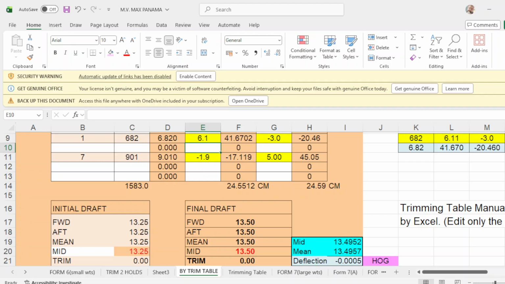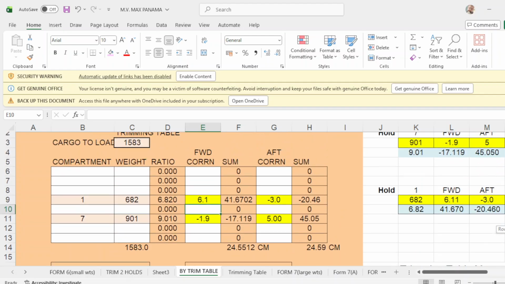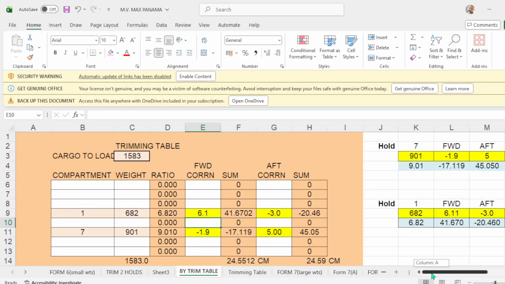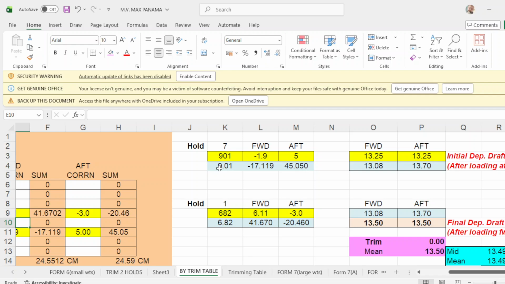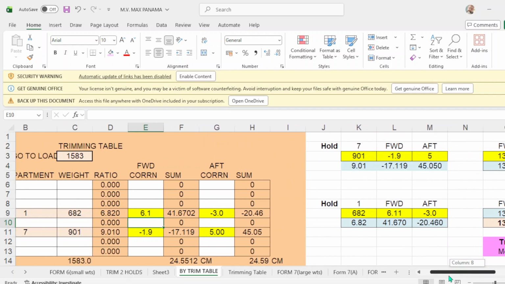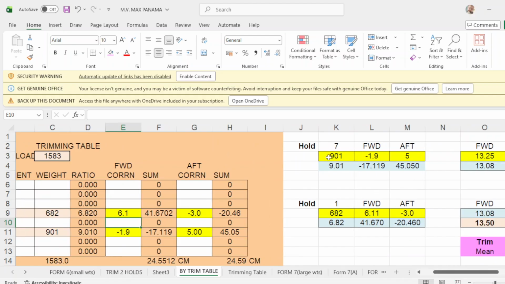Then, okay, there's another solution here. First, you load in number 7 of 901. The same correction of negative 1.9 and 5 here.